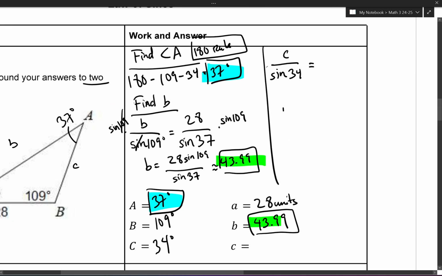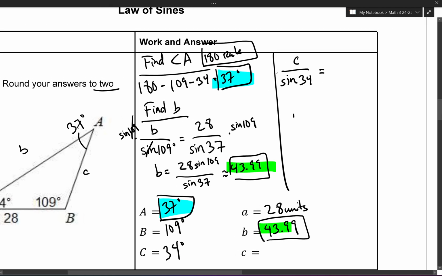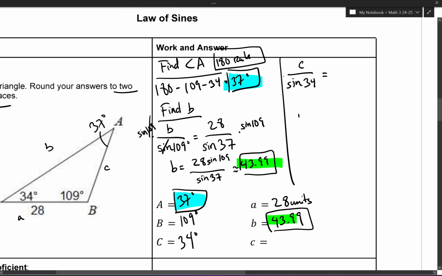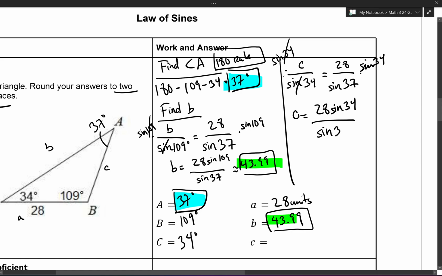So I'm going to use the A's. A's have not been rounded in any way, shape, or form. So side A over the sine of angle A, which is 37 degrees. Multiply by the sine of 34, and I get C equals 28 times the sine of 34 over the sine of 37.